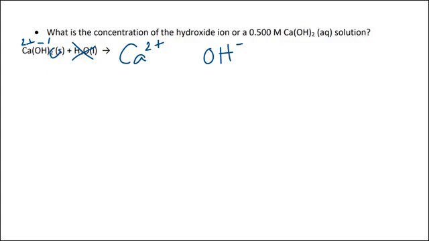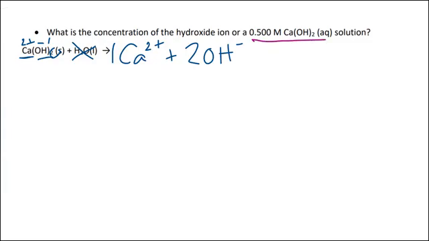So when we balance this equation, we can see on the left that I have 1 calcium, but that I have 2 OHs. So we need to have 2 OH⁻ here. So now we have a balanced equation. Now let's go and look at this concentration.